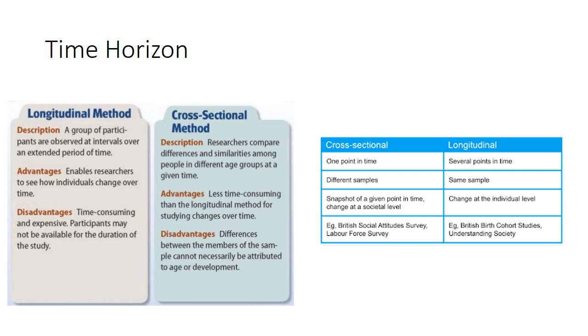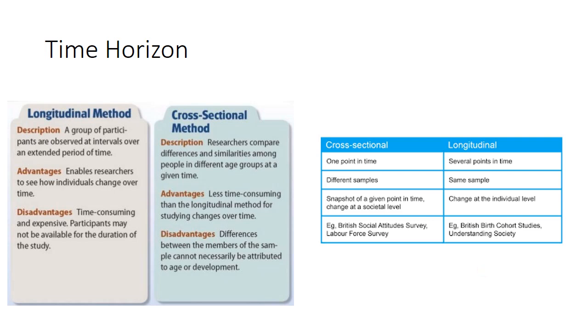A very good example of cross-sectional is the British Social Attitudes Survey and the Labour Force Survey. You just take the data from the labor force, from the British social attitudes, from the society about the social attitude.